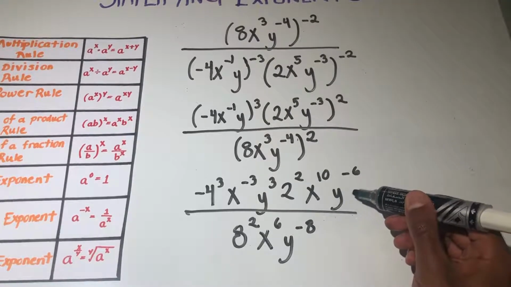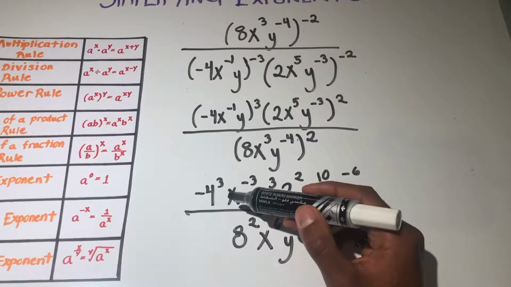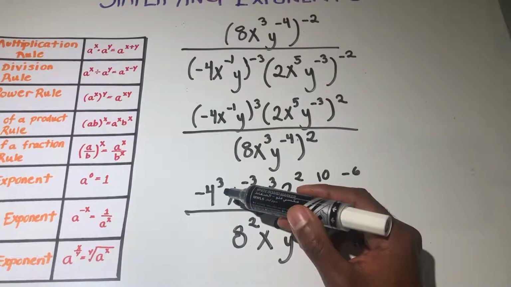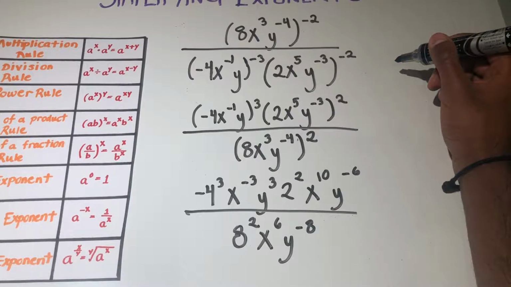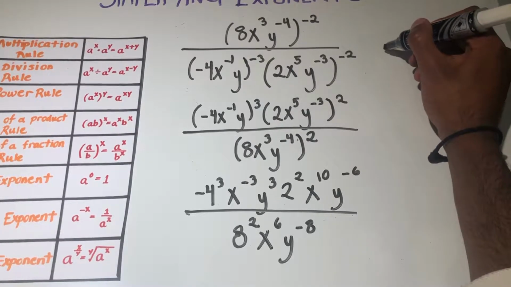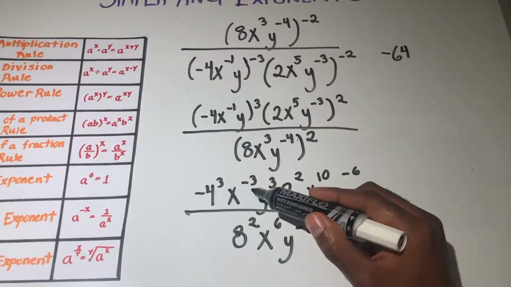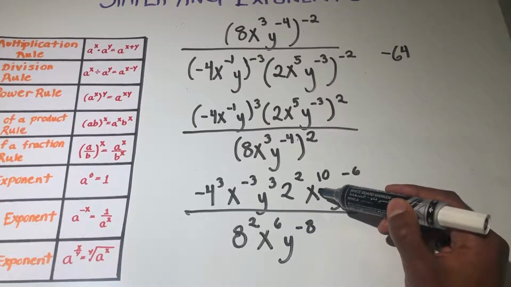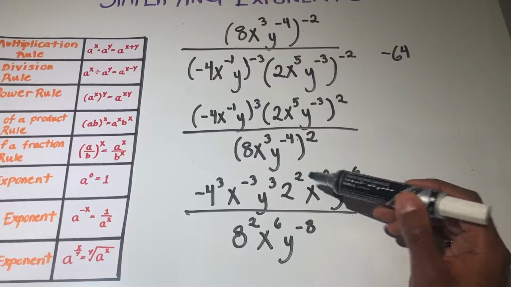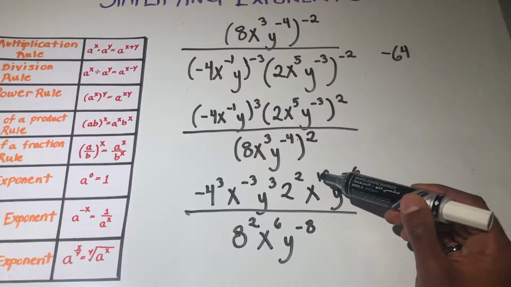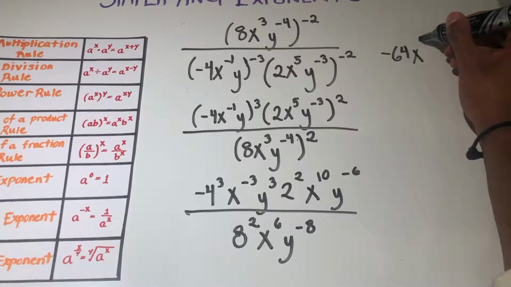Now let's try to clean up the numerator first. Well, a negative 4 to the power of 3 is basically negative 64. We have a negative 64 at the top. X to the power of negative 3 times x to the power of 10. Remember, if you have the same base and you're multiplying them, you just add the powers. So negative 3 plus 10 is going to give us x to the power of 7.